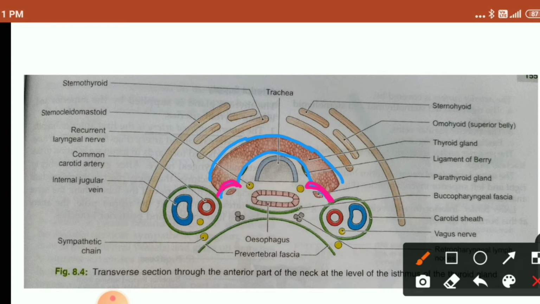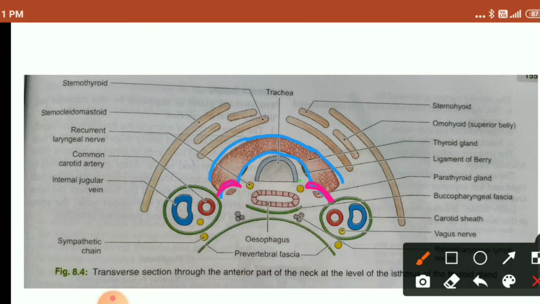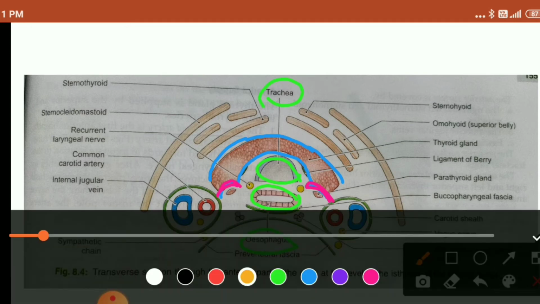First, the medial surface. Always remember that the medial surface is related to two tubes. What are the two tubes? The trachea and esophagus. It is also related to two nerves. What are the two nerves?